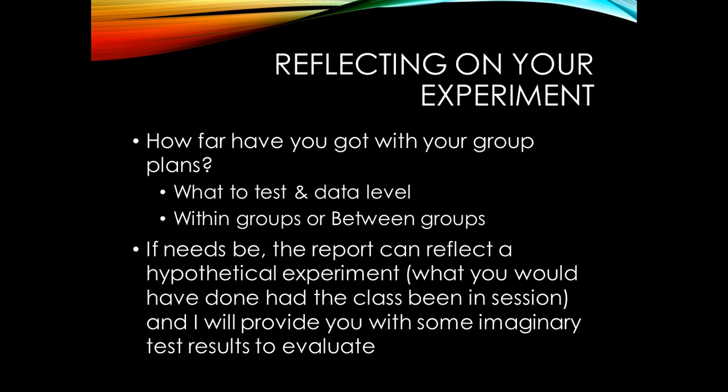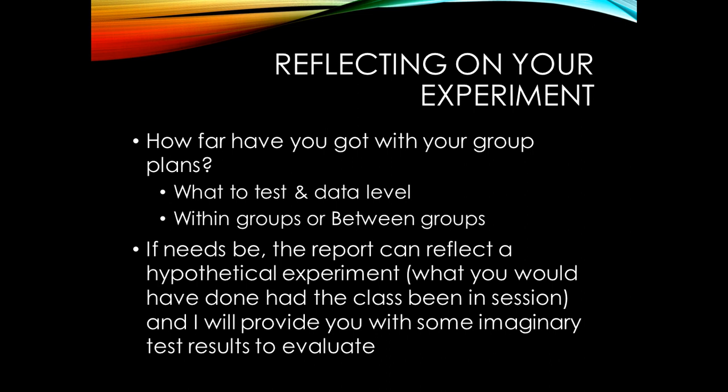The other aspect to think about is, have you decided whether it's going to be within groups or between groups? So within groups, you get everybody in the classroom to do it under condition A, and then you get all of them again to do an experiment under condition B. Between groups, you split the class in half. Half of the class does condition A, the other half of the class does condition B. Which of those do you want to do?